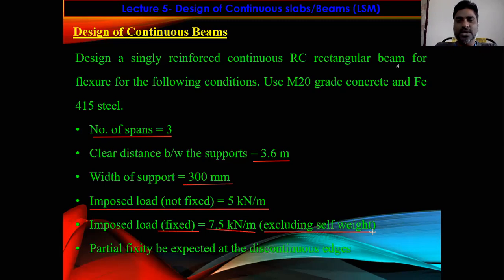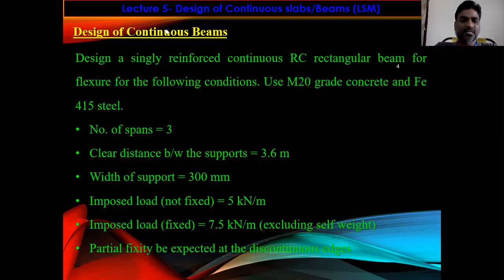That means you need to calculate the self weight of the beam separately, and you can add it. And assume that partial fixity is expected at the discontinuous edges. So this is the problem given, and based upon the given data, we have to design the rectangular beam.